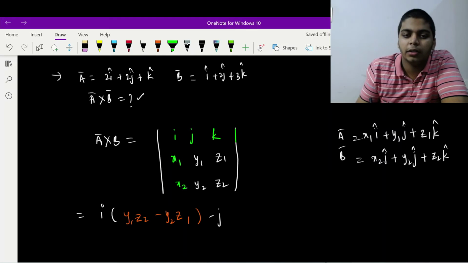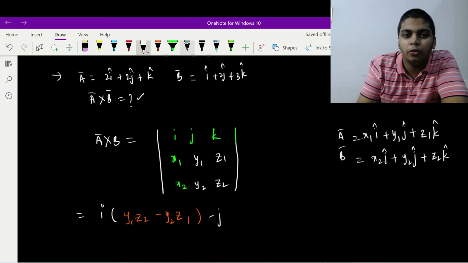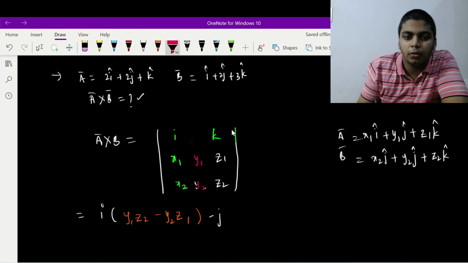When you are selecting j, you close all the row and column of j, like this.